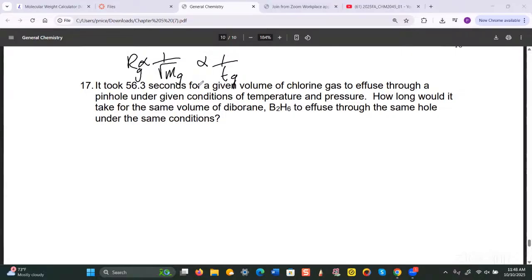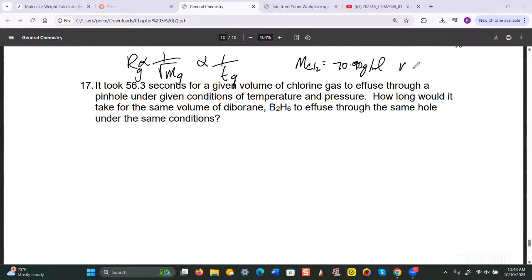So we can figure out the molar mass of both of them. Okay, let's do that first. So for chlorine, I think I did that earlier. The molar mass of chlorine is 70.90 grams per mole.